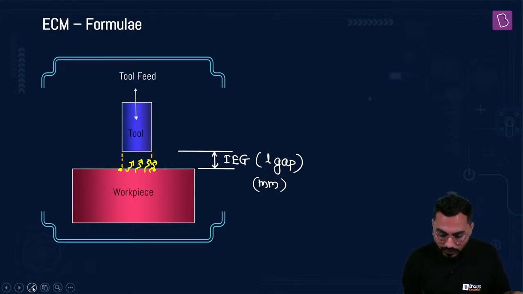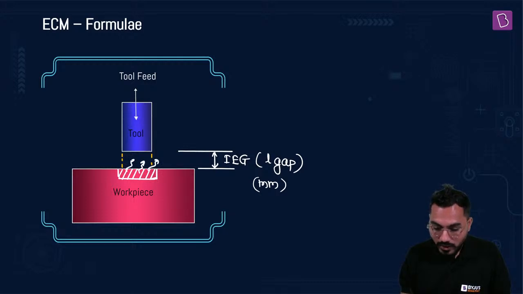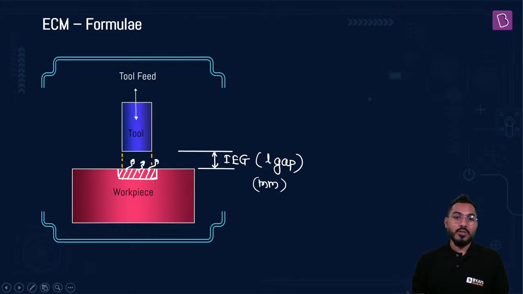So for understanding, can I say that ions will get depleted, and up to a certain depth this material might have depleted the ions. This material might have been removed in the form of ions. So can I say that the depth of the hole must have increased?